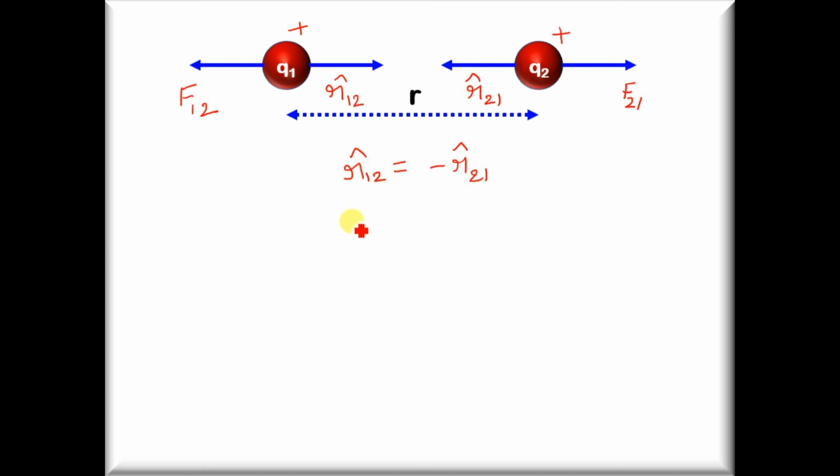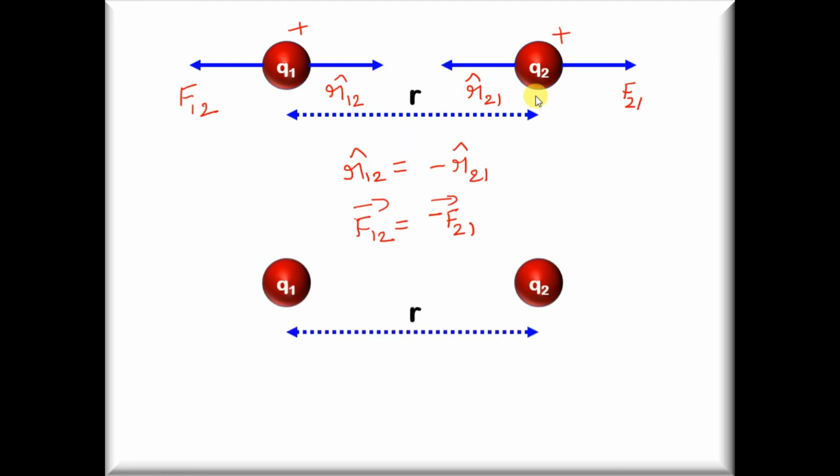In a similar way you can write in terms of forces, F12 is equal to minus of F21. That means your forces are opposite, which is similar to Newton's third law.